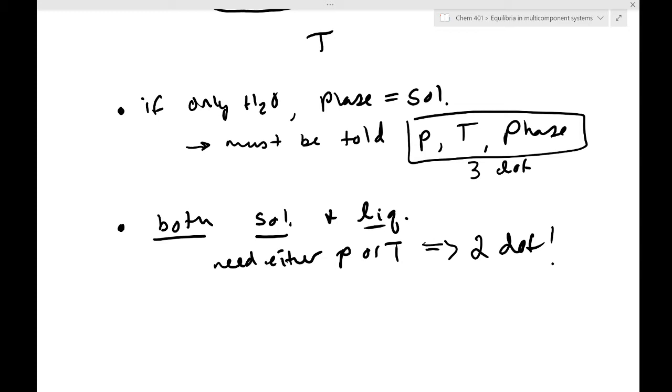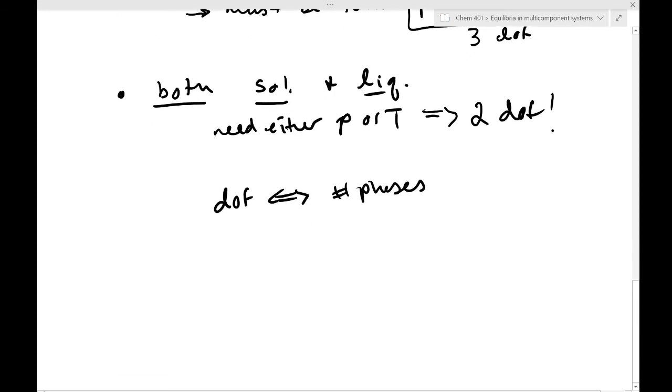That means that there is a relationship between the degrees of freedom and the number of phases. And this relationship is one that Gibbs defined or exploited in a way.